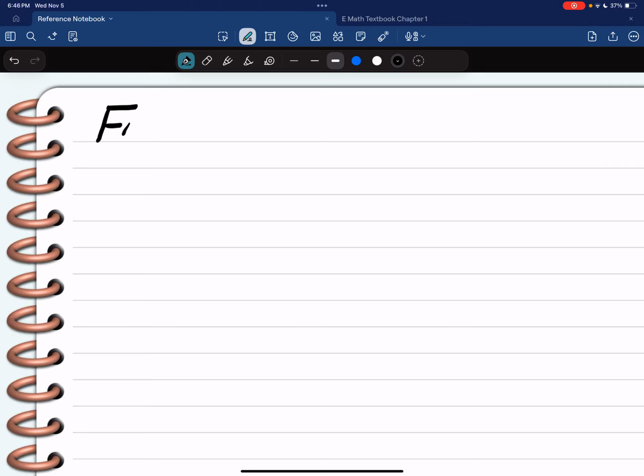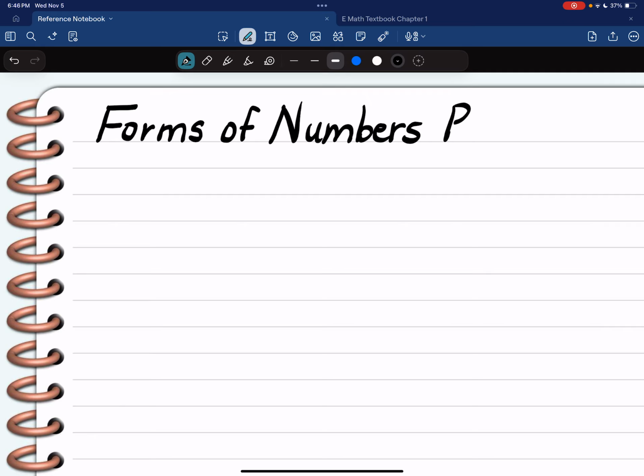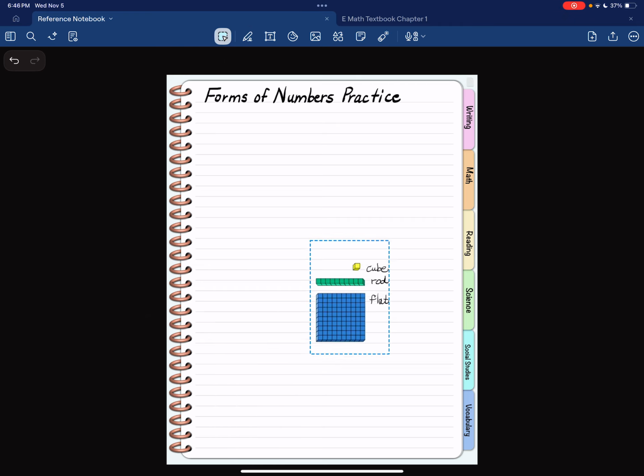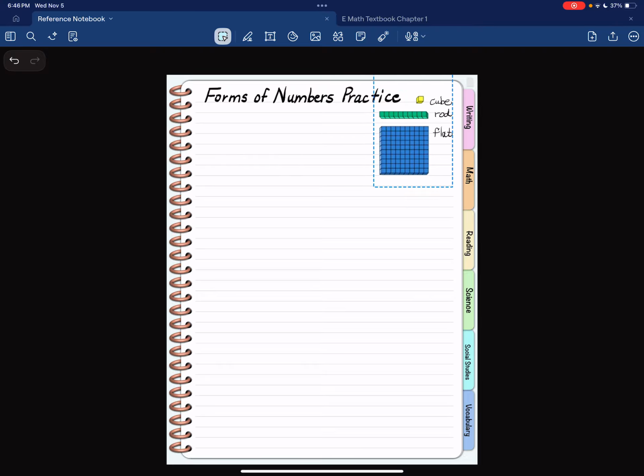Forms of numbers practice. And then I can bring my picture back up here. I don't really want to use the picture. It just helps us to see those rods and flats, especially the rods and flats, as we're working through these. So I'm just having it there for reference.